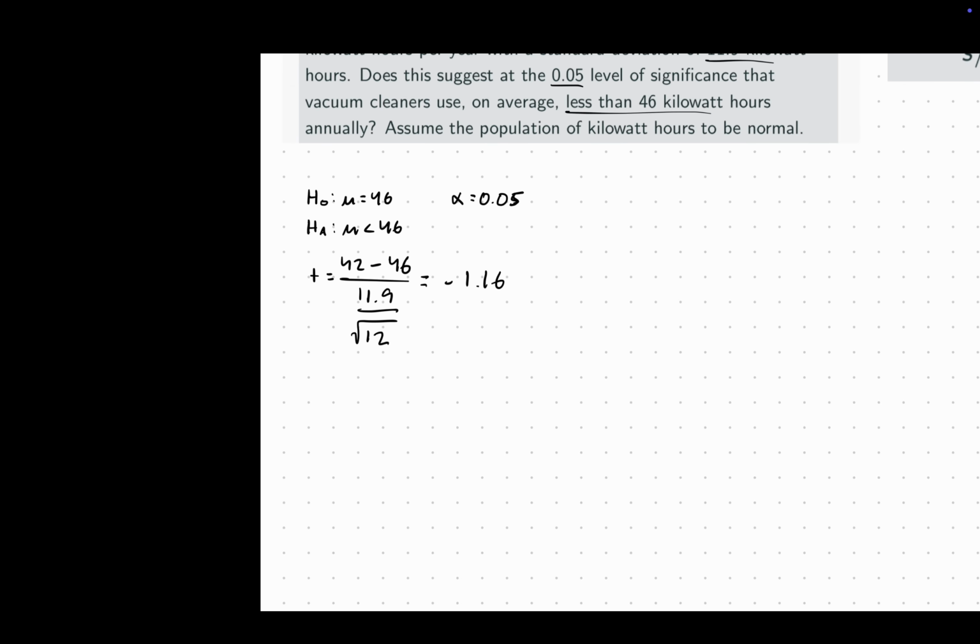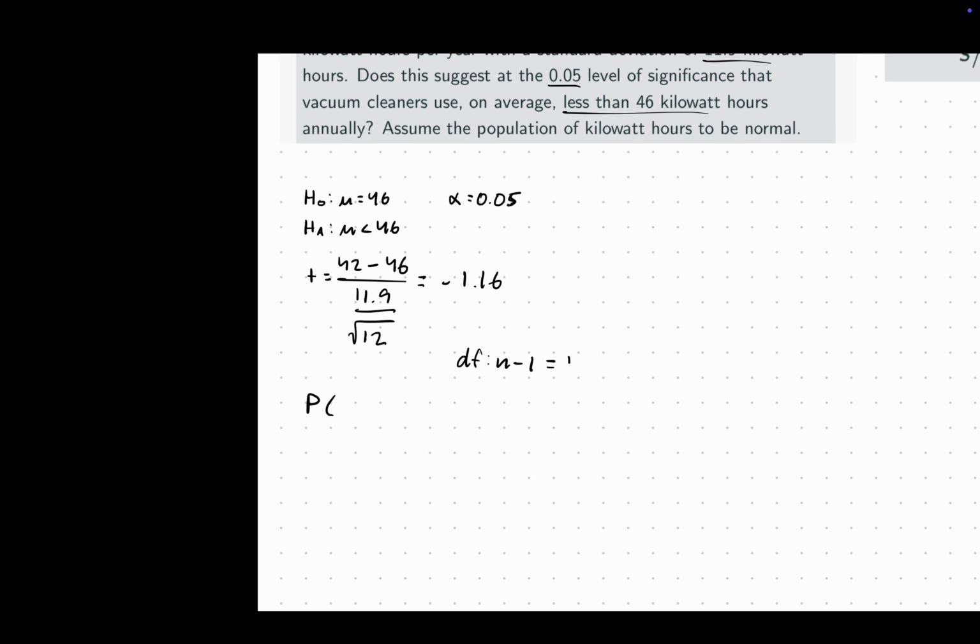And now we can calculate our p-value. Our degrees of freedom is n minus 1, and that's important for when we're looking up in the t-table. So n here is 12, so 12 minus 1 is 11.